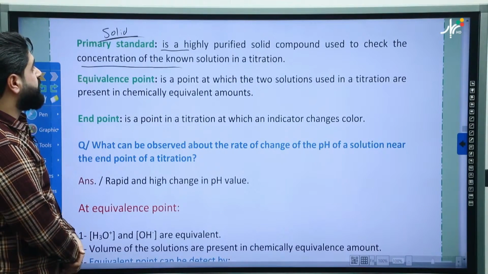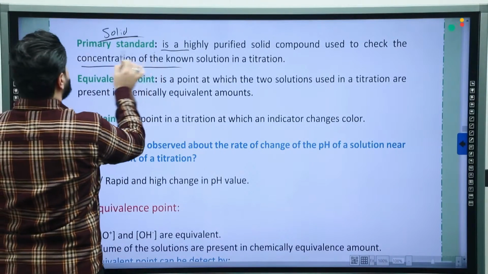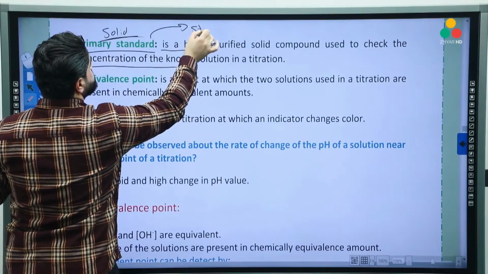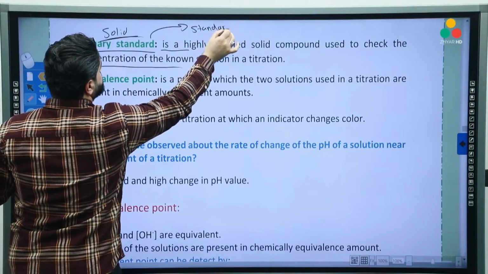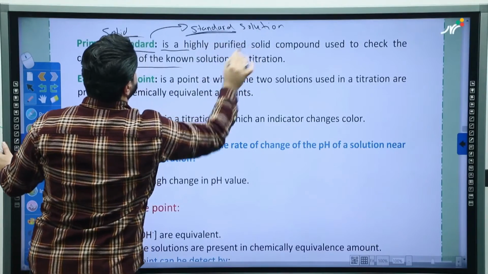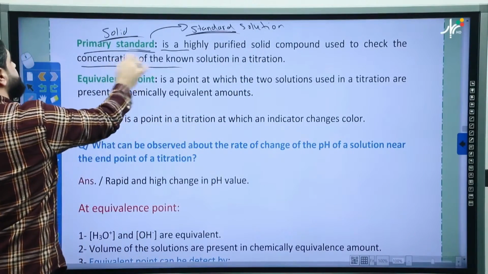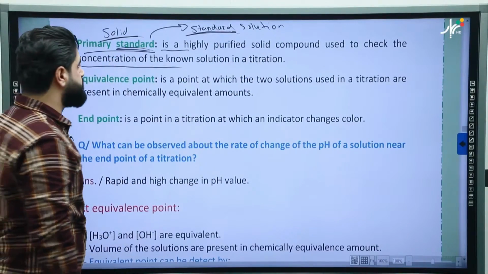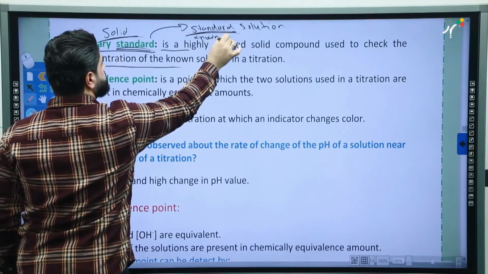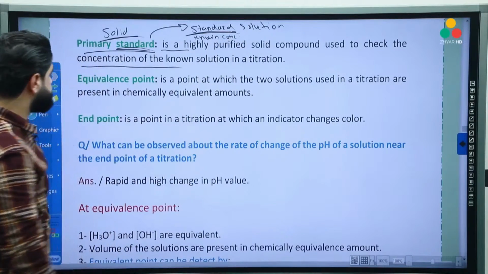Actually, from the primary standard, we will prepare standard solution. So the expression of standard means known concentration.